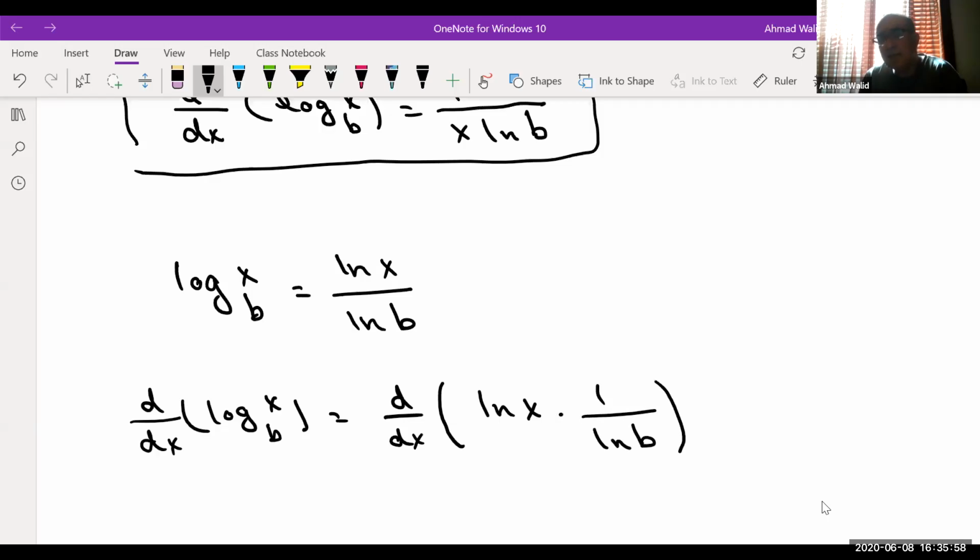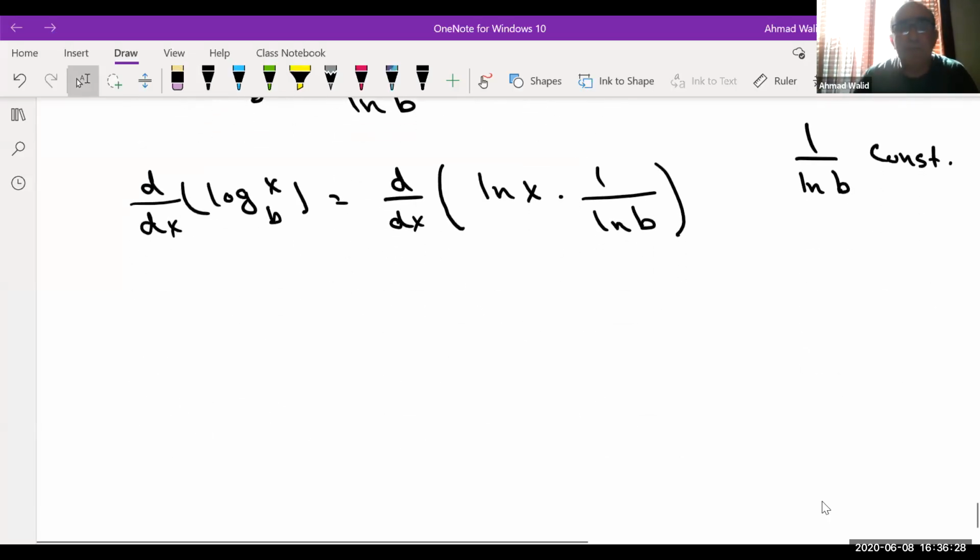It's the same thing basically, right? ln x over ln b or ln x times 1 over ln b, it's the same, correct? 1 over ln b, because b is a number. It's not a variable. B is a number. 1 over ln b is actually a constant, correct? I can pull it out in front of my derivative.